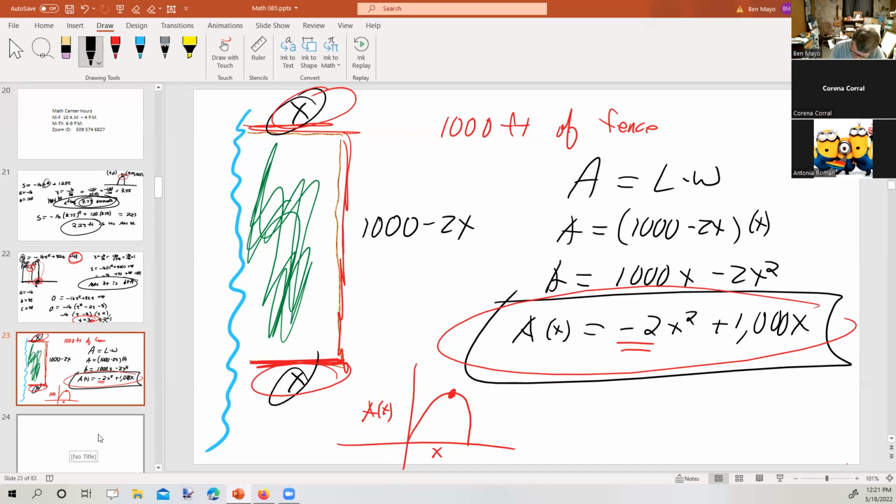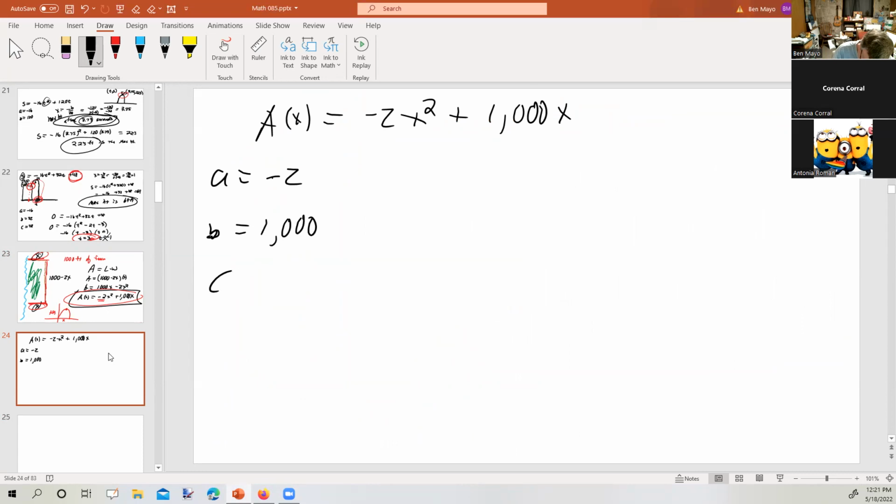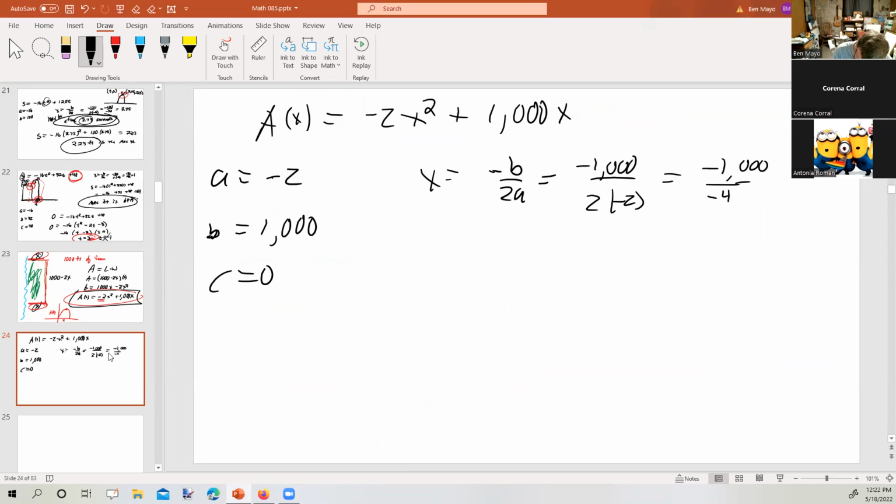All right, I'm going to recopy that formula. A of X equals negative 2X squared plus 1,000 X. So A is negative 2 and B is 1,000. C is 0. So X equals what? Oh, X equals negative B over 2A, which is negative 1,000 over 2 times negative 2. Negative 1,000 over negative 4 is positive 250.